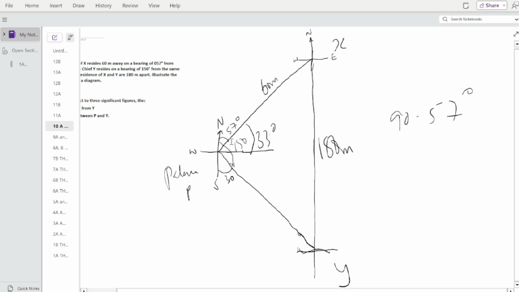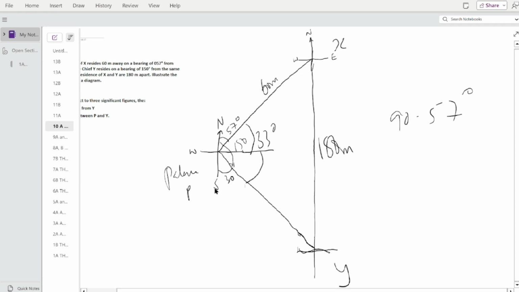For the second one, remember the house of Chief Y is 150 degrees away from the palace, so we traveled 150 here. We discovered the rest was 30 degrees, and we can get this other angle here with this 150. There are two ways to get it.